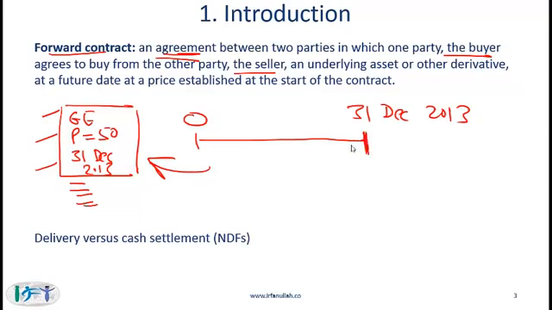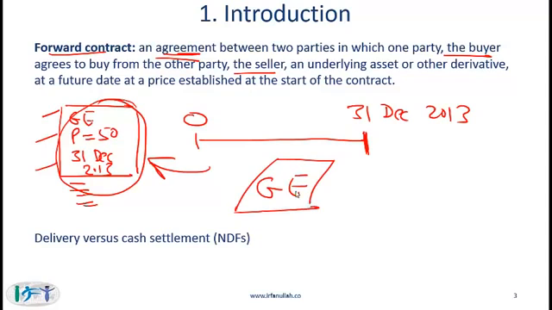So on this date, one party, which is called the short party, will be responsible for delivering this share to the long party. The long party is the party that is entering into the contract to buy the underlying asset. So long is getting into the contract to buy, and the short is getting into the contract to sell.